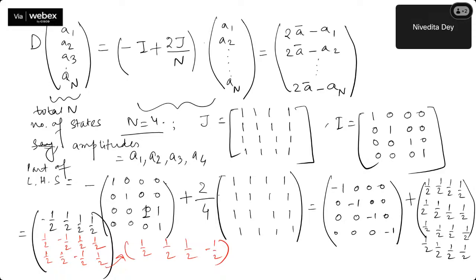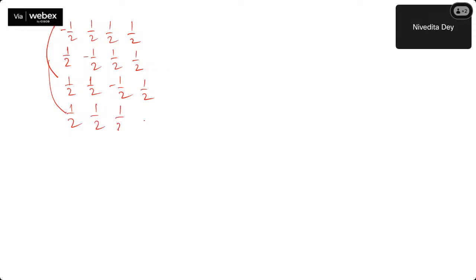Now, this entire matrix will be applied on A1, A2, A3 till AN. So, minus half, half, then it's like half, minus half, and half, and it's half, minus half. This entire thing will be operated on A1, A2, A3, and A4.